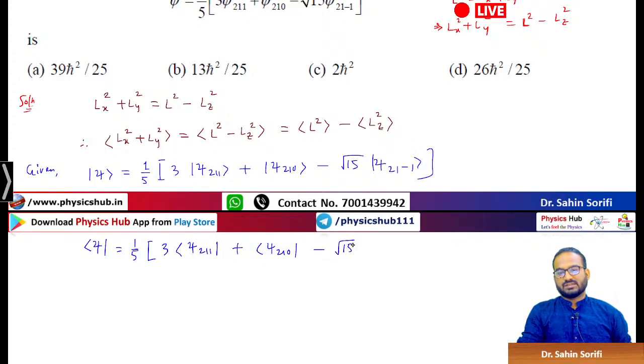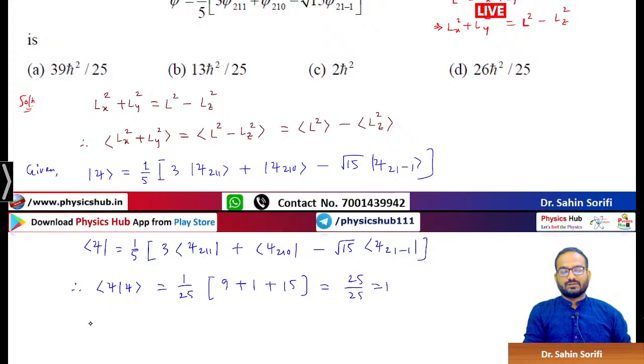Look, these numbers are real numbers, so it doesn't matter whether you take a star, they remain the same, right? So what is psi psi? 1 by 5, 1 by 5, 1 by 25, 3 into 3 is 9, 1 into 1, plus 15. So as you can see, this is 25 by 25, that is 1. That is why we can say hence psi is normalized.